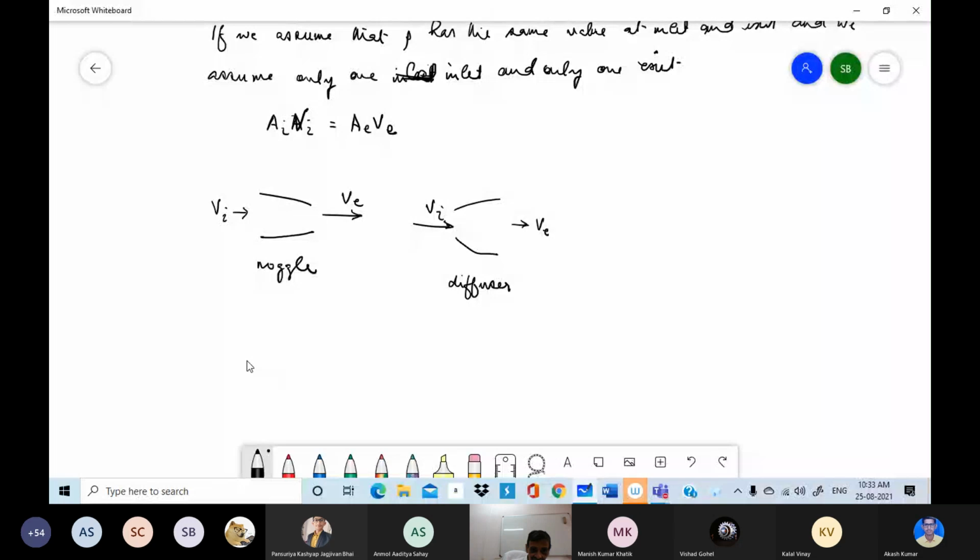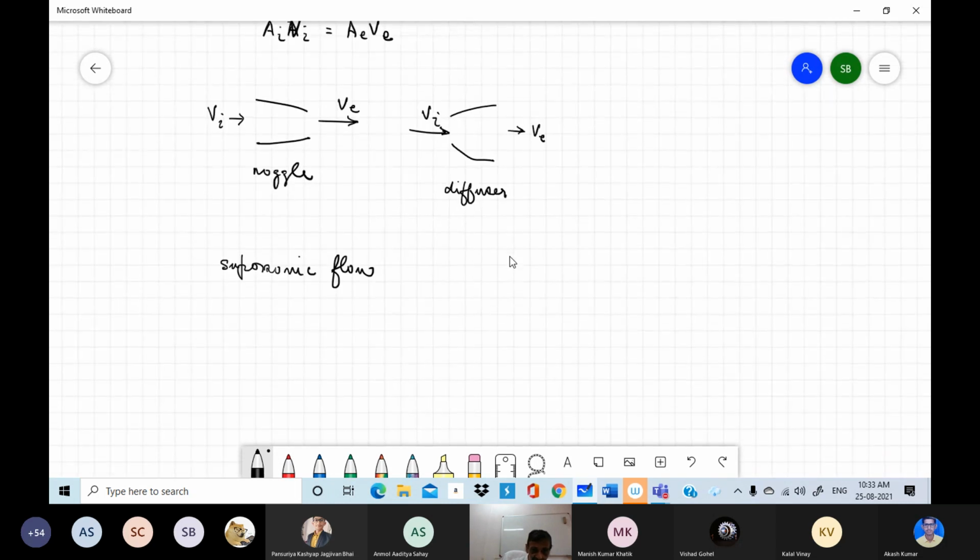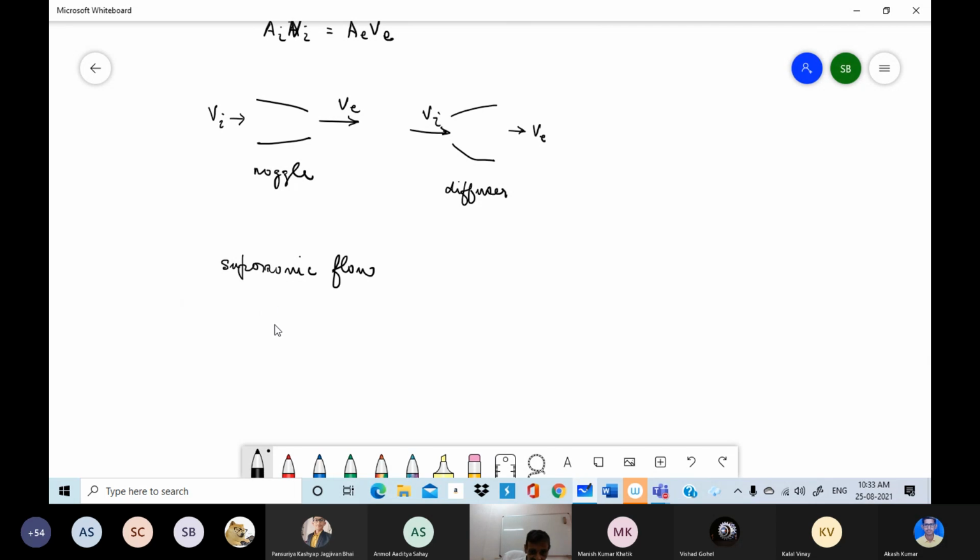Then for supersonic flow, you have a counterintuitive situation where the nozzle looks like this and a diffuser looks like this. So how is that possible?